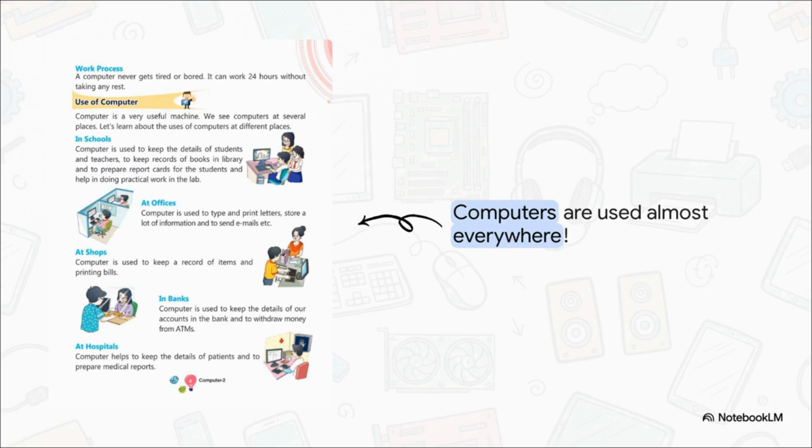When you go to a shop, the computer's there keeping a record of items and printing out your bills. At the bank, computers manage your account details and let you withdraw cash from the ATM. And in hospitals, they are absolutely vital for keeping patient details and running complex medical reports. They are essentially the invisible engine running our everyday lives.